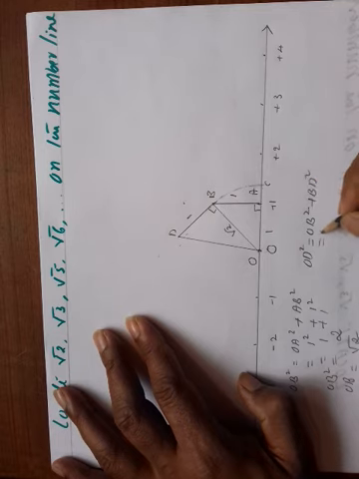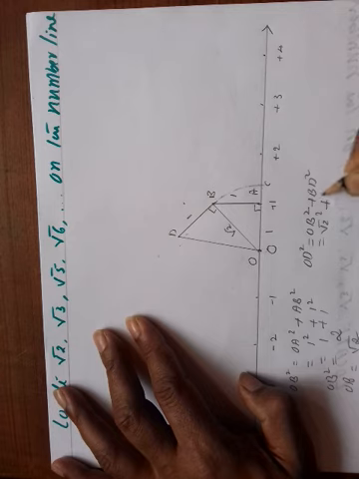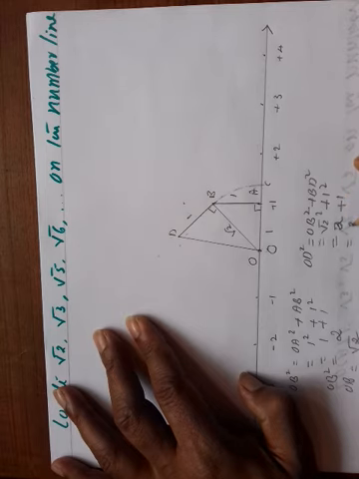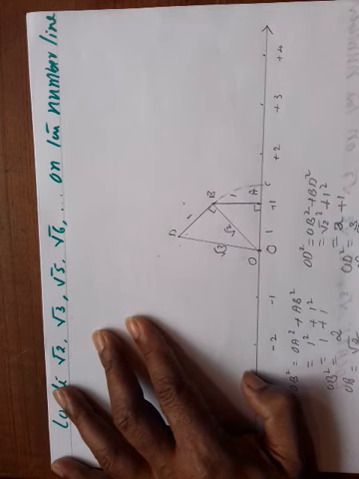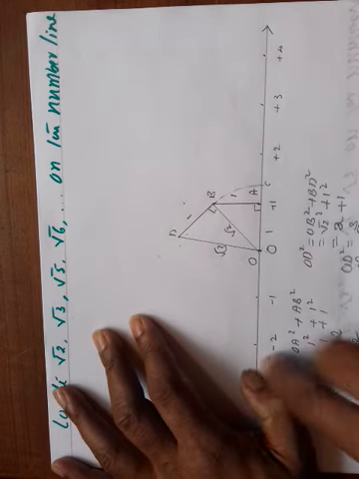That is root 2 square plus 1 square. Root 2 square is 2, plus 1 square is 1, that is 3. OD square is 3. OD equals root 3.